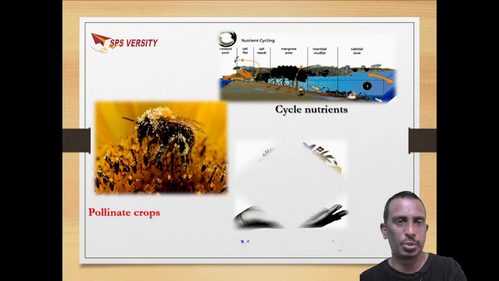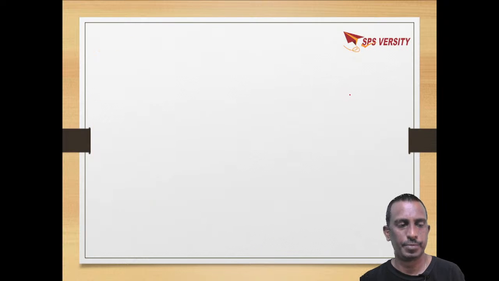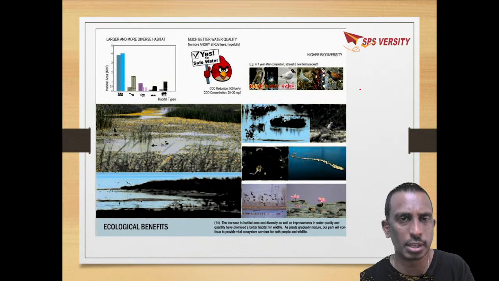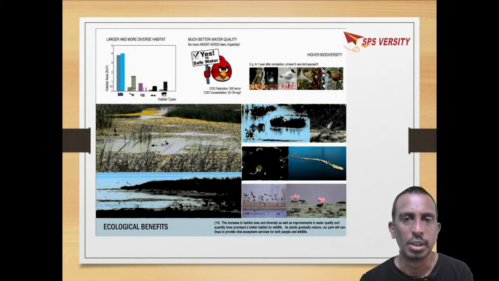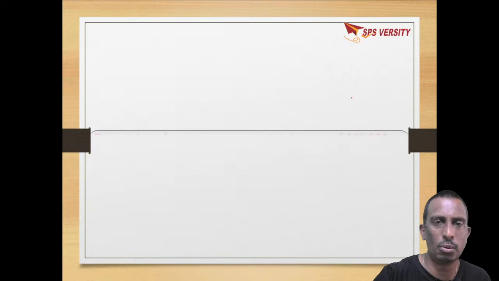Pollination of crops, maintaining biodiversity. So these all are the services provided by the ecosystem. Here you can see there are different services: maintenance of diversity, pollination, nutrient cycling, soil formation, decomposition. These all are services.